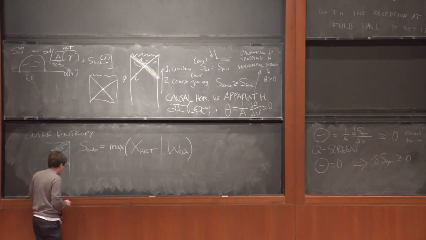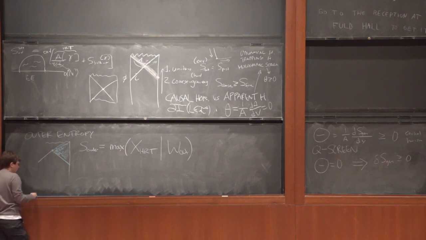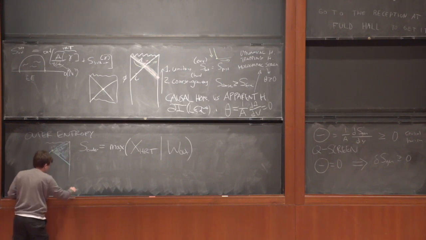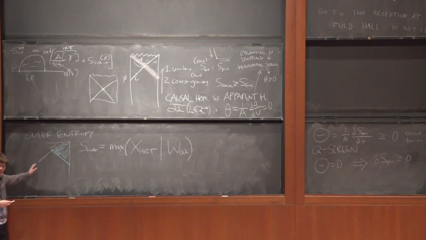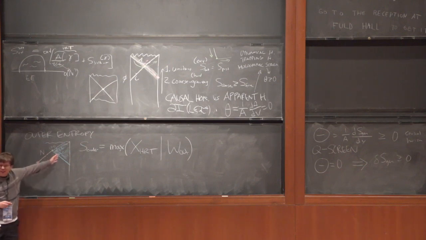We showed you can satisfy the constraint equations with a surface, and only because this has theta equals 0 here, you can satisfy the constraint equations with initial data on which this is a stationary surface. So there's a stationary null surface n, and if you follow back the stationary null surface long enough, you get an extremal surface that has the same area as the area of this apparent horizon.